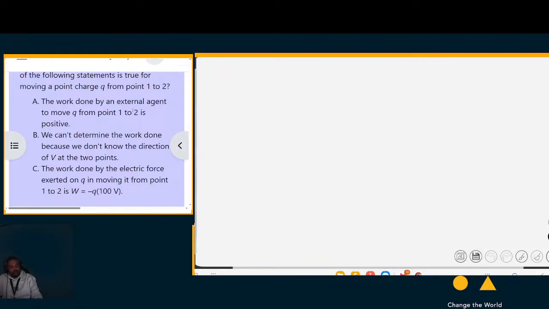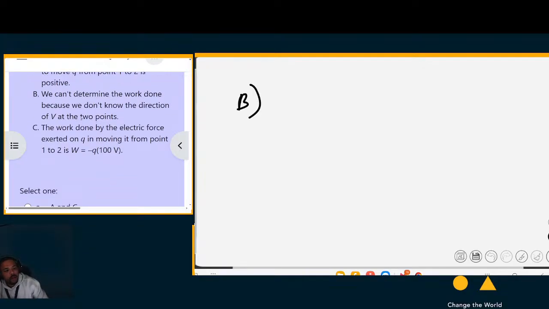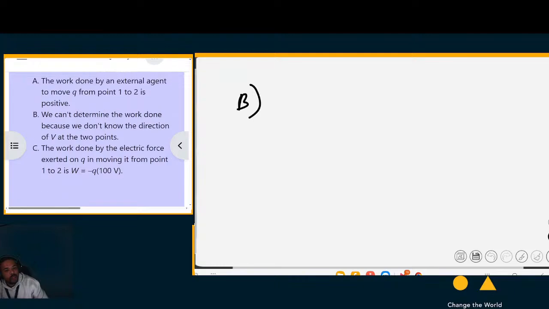Let's look at statement B. We can't determine the work done because we don't know the direction of V at the 2 points. That is false, because electric potential is a scalar, not a vector, so we don't need the direction to calculate it.